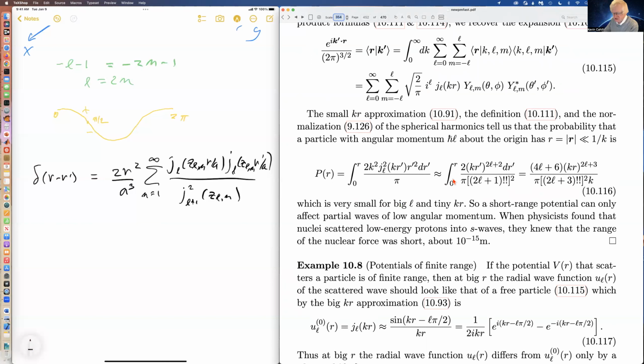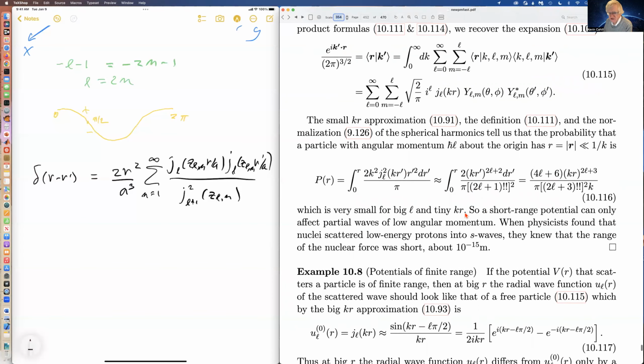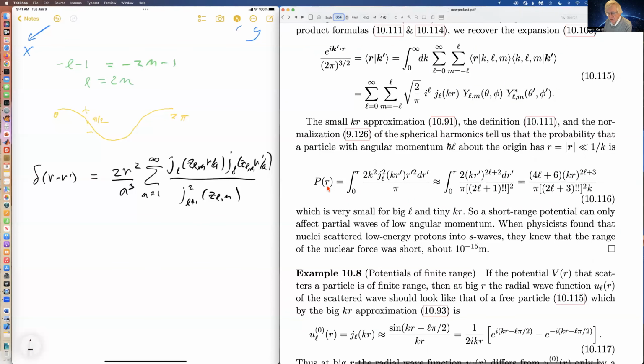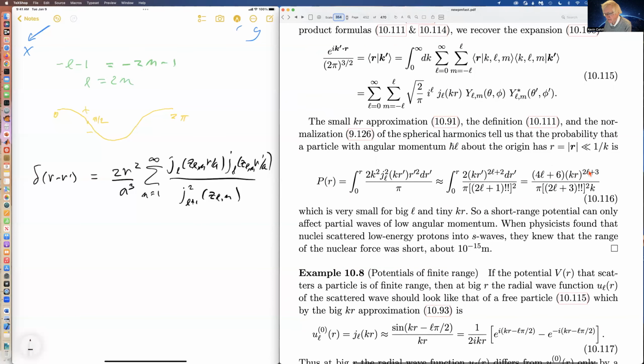Something that confused me in the lecture last time. The point here is that you want to deal with tiny kr. So it's kr that's tiny, and so that's why the probability is small. It's kr to the 2l plus 3. So in other words, it's not simply that for high L, the probability is small.